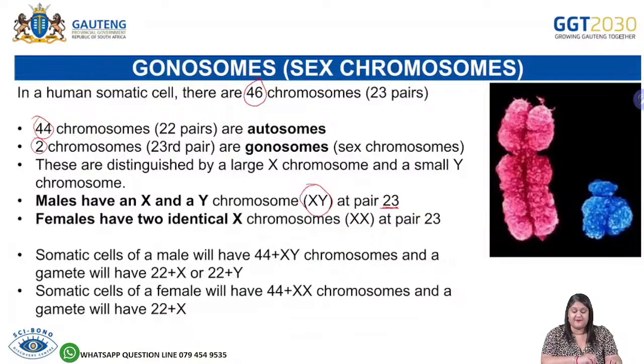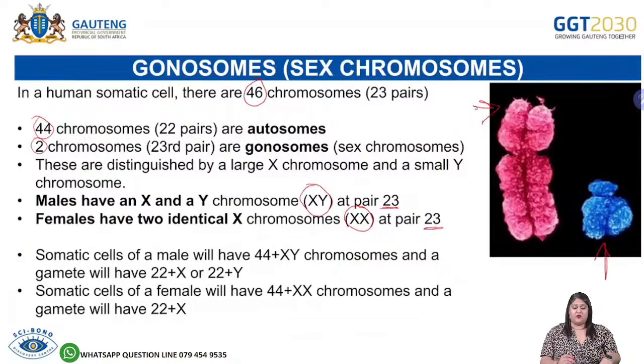But in females, the 2 gonosomes are 2 identical X chromosomes, and that is at the 23rd pair. If you look at the picture on the right hand side, you can see the big X chromosome and the smaller Y chromosome.